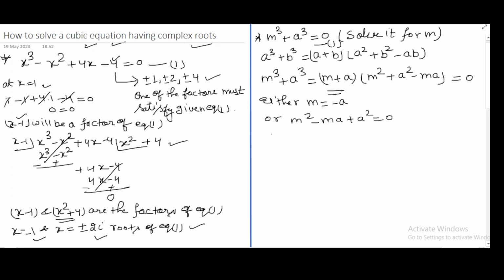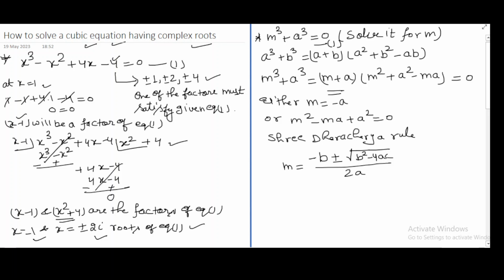Now using the Sridharacharya rule, the values of m will be m equal to minus b plus minus root b square minus 4ac upon 2a.